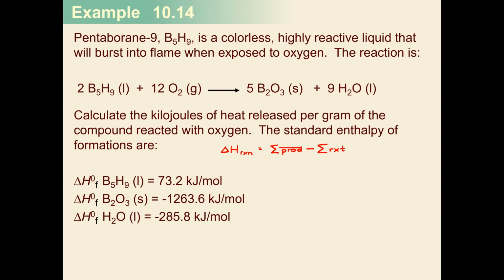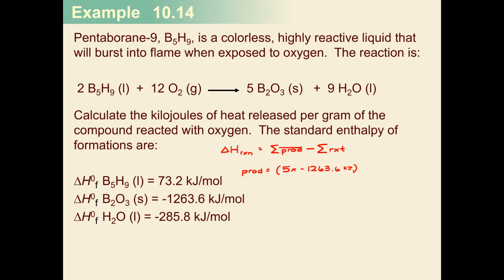So the first thing that I want to go and do is get the energy of our products. So our products are going to be our 5 B2O3s. So what I need to do here is go and say 5 times my negative 1263.6 kilojoules. That will get me one of my products.